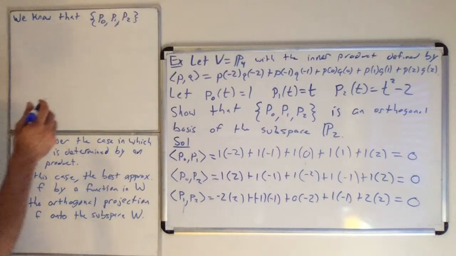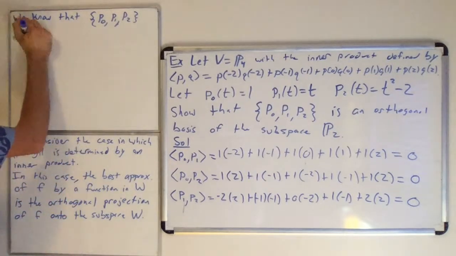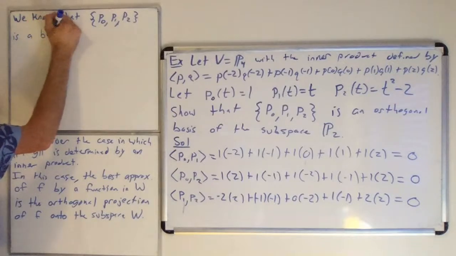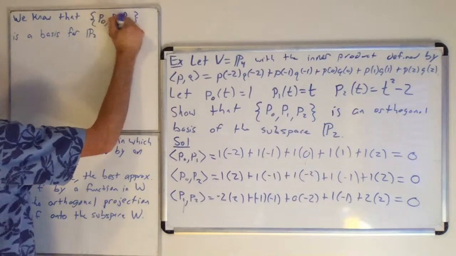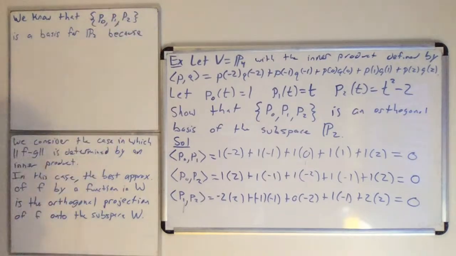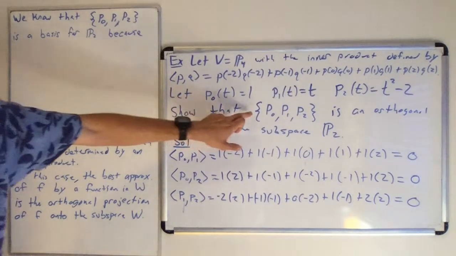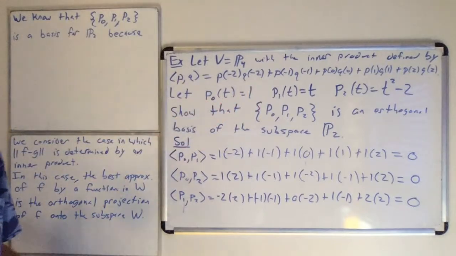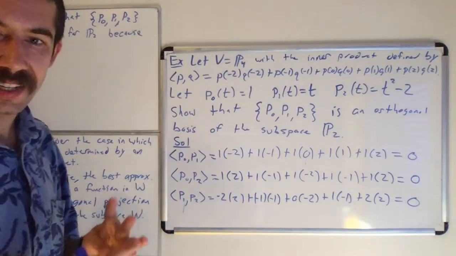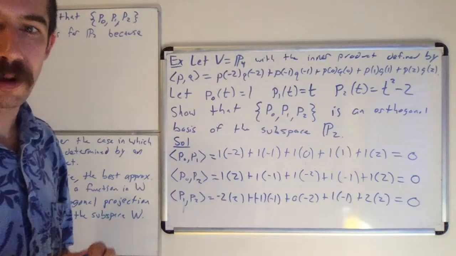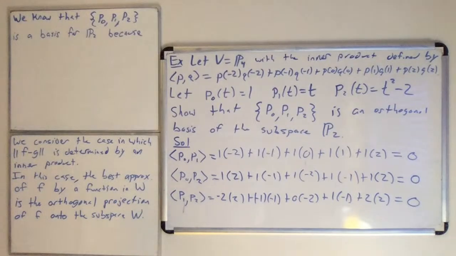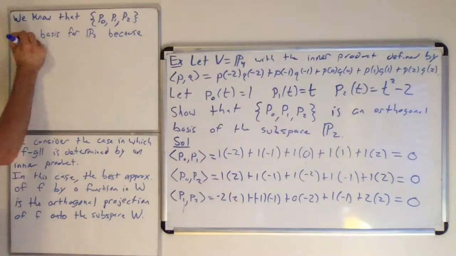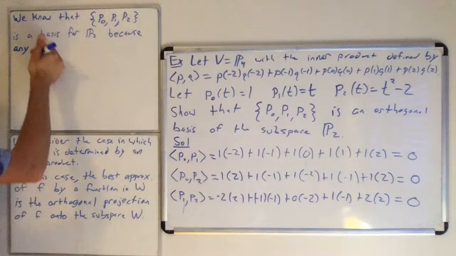So what else? Well, maybe you'd have to look back in your notes a little. It's that there's 3 of them, right? And the dimension of P2 is 3. So any 3 linearly independent polynomials in P2 span P2. Is a basis for P2.